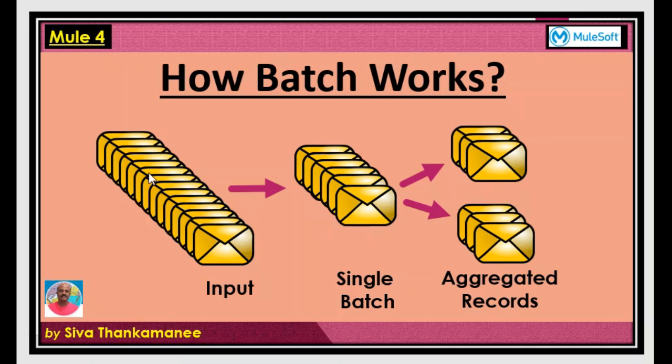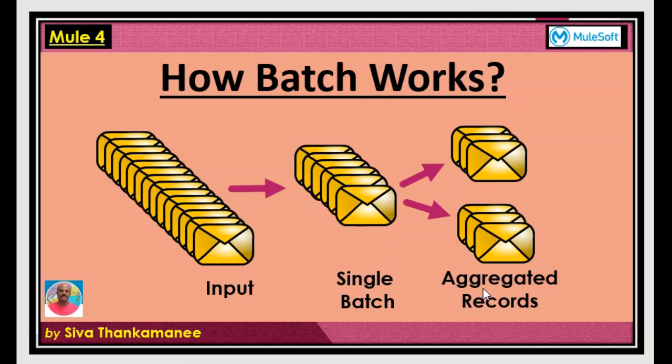It iterates 10 by 10, so 10 records are handled at a time in a single batch. It doesn't process them as a whole, but the loop iterates one by one and handles every record individually. That's how a single batch works.